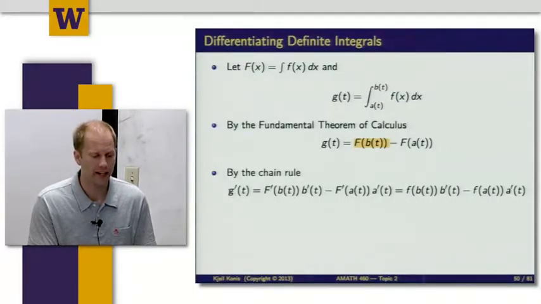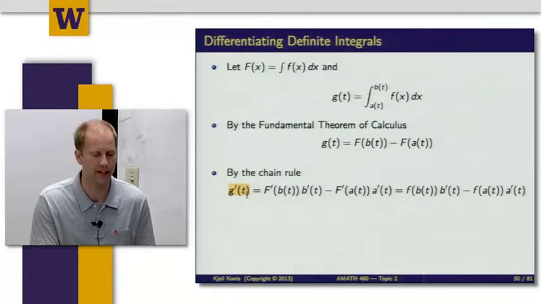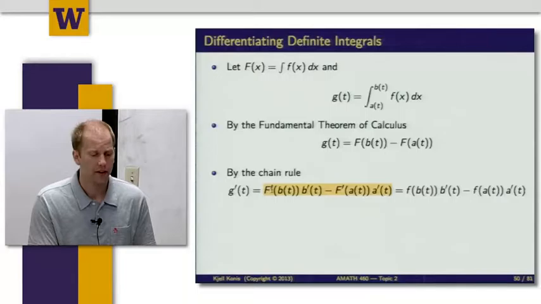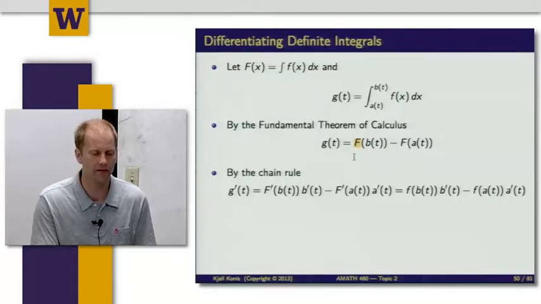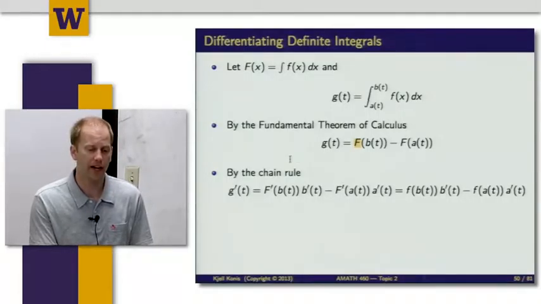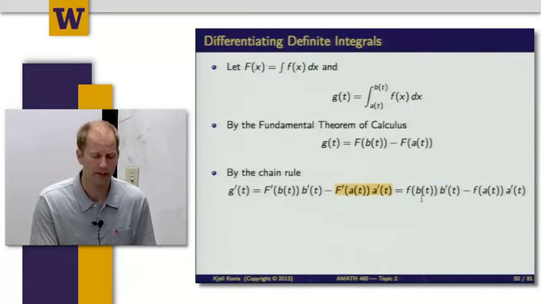What I'm going to get is g prime of t. g is a function of t, so I'm taking its derivative with respect to t. That's equal to the derivative of the outside function evaluated at the inside function, and then by the chain rule, I also multiply by the derivative of the inside function. It looks a little bit complicated, but all I'm doing is doing it once for the upper endpoint and once for the lower endpoint.